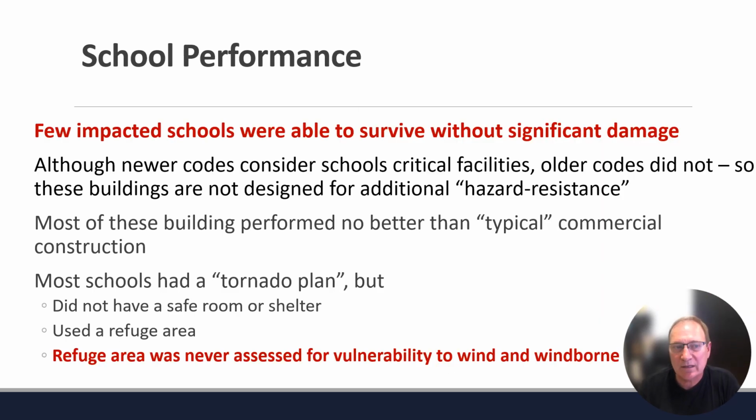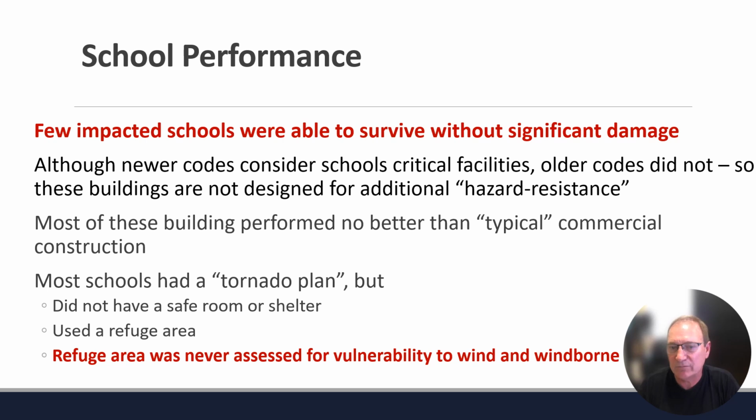School performance. The thing that I was most surprised to see, and I talked about spending a day in Ringgold, Georgia, was that the amount of damage to the school was really profound. And older codes that influenced how schools were built in the 1980s and 1990s just really didn't meet the standard of what would have been needed.